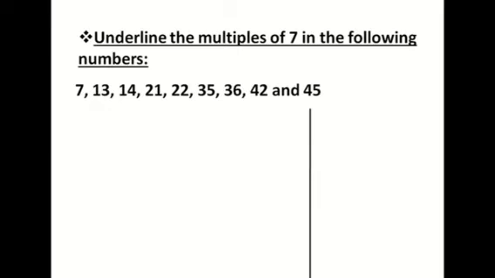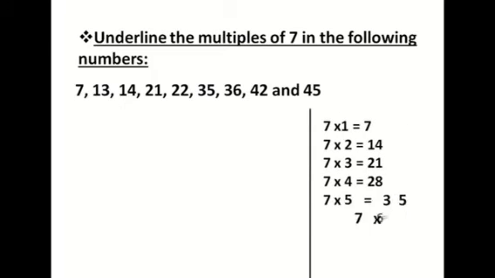Find out those numbers which are written here in the question. Here you can see I have written the multiplication table of 7 till 49, because the numbers in the question go till 45. That's why I have taken till 49.